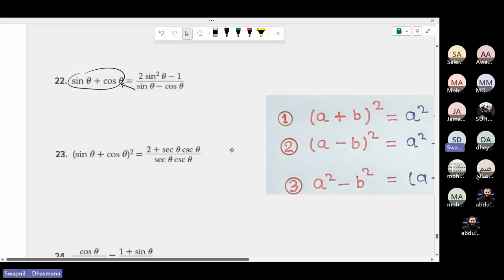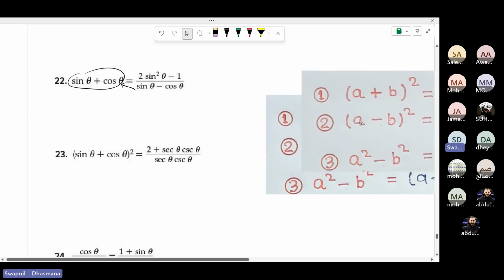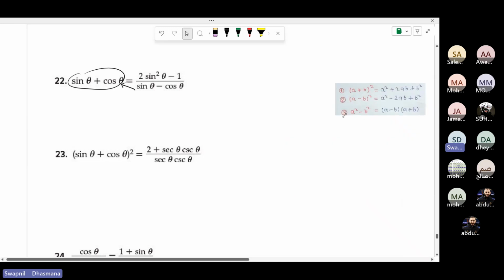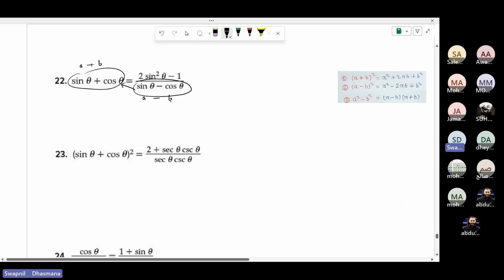These are 3 rules. If you see here, this product is like a plus b and a minus b. So here is the rule which I can use. Square minus square equals 2 sine square theta minus one.